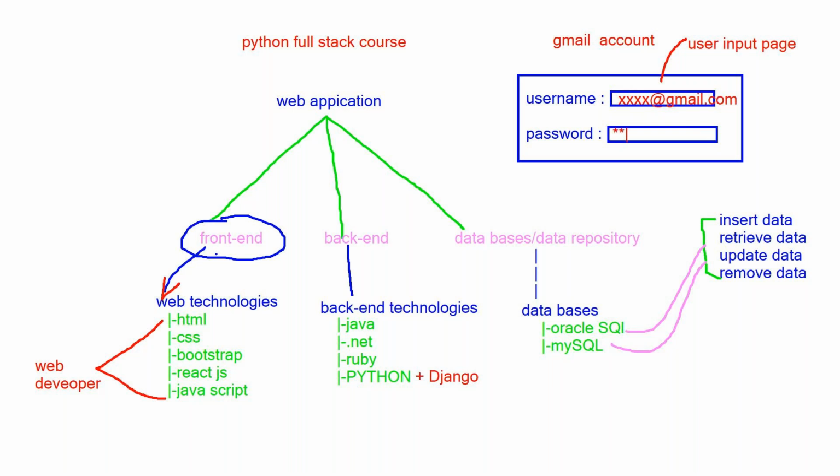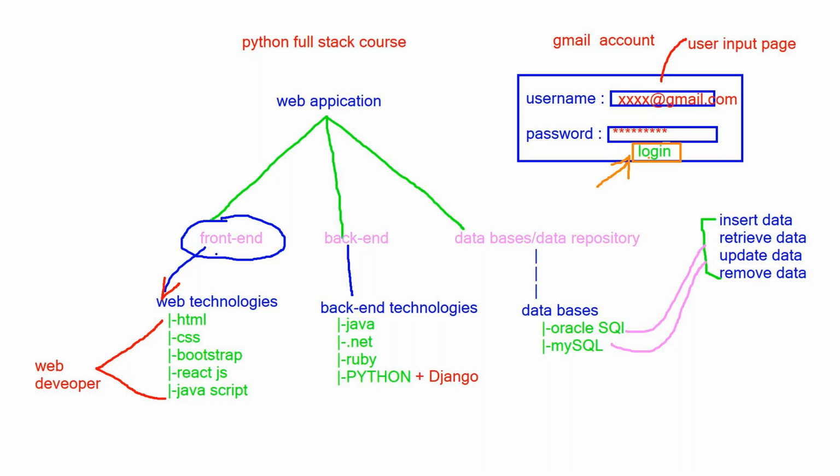And at last there will be a login button right here. Sorry, it's not logic, it's login. One more button will be there, let me show it in a different color, orange. You will enter data like this and you will click on this button.